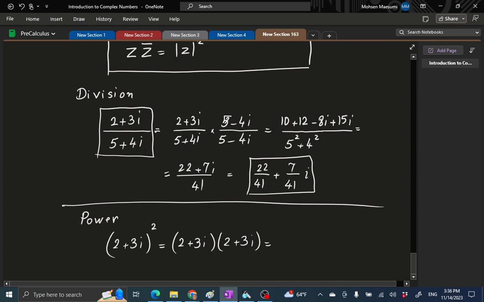So 2 times 2 is a 4. 3i times 3i is minus 9. 2 times 3i and 3i times 2, so let me write them separately: 6i and another 6i. So that's minus 5 plus 12i. If I wanted to cube it or whatever, I just sit there and patiently do that, or apply the binomial theorem if I remember it.